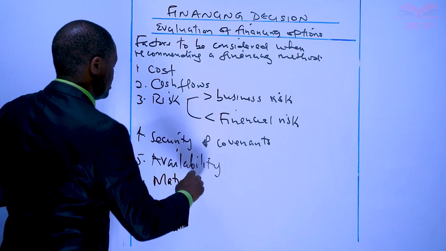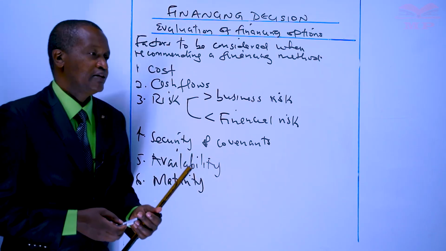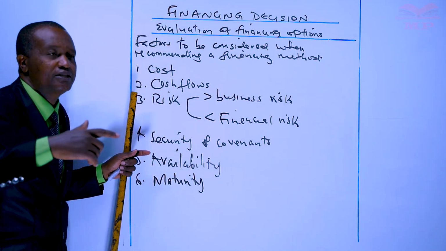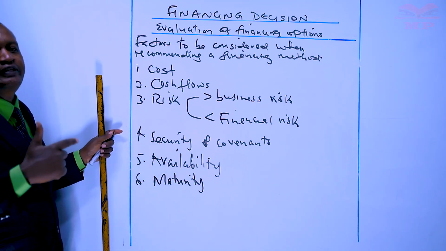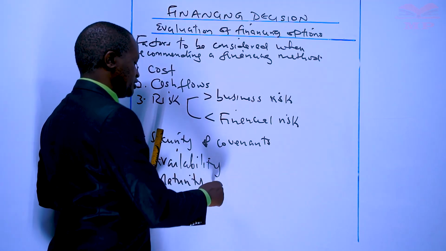Maturity. What do I mean by maturity? Candidates, the basic rule is that the term of finance should match the term of the need, what we call the matching principle.